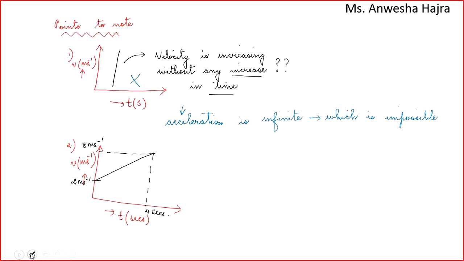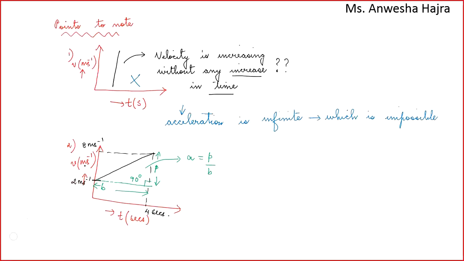Now in this case, how do you find the acceleration? It is the slope of the graph. You have to complete the triangle like this, 90 degrees. Now this is perpendicular. This is base. So here, acceleration is the slope, perpendicular by base. Now what is the perpendicular?